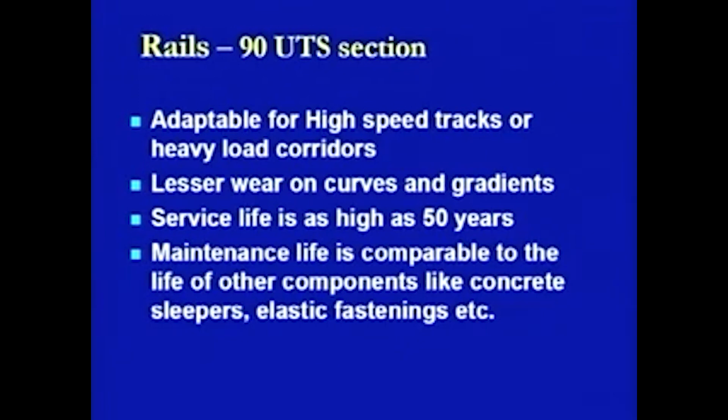Now, this is one more aspect here. The overall system of the track is not one single component being provided. It is a combination of components. When we have a combination of components, then the maintenance requirement of all those components will be there.